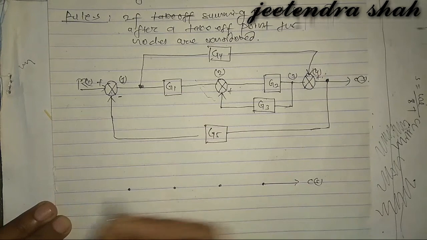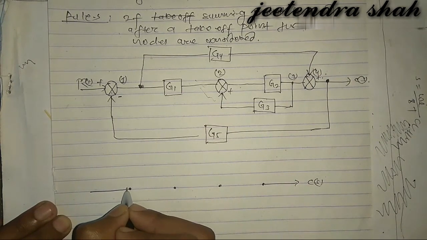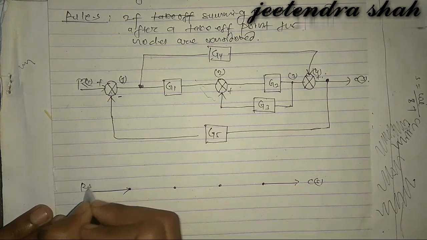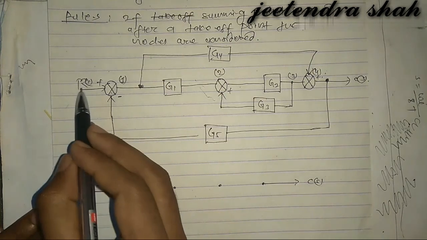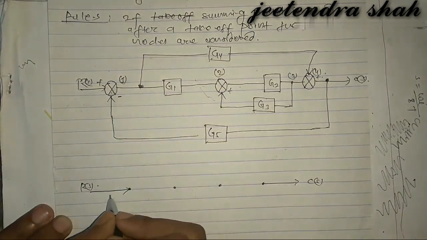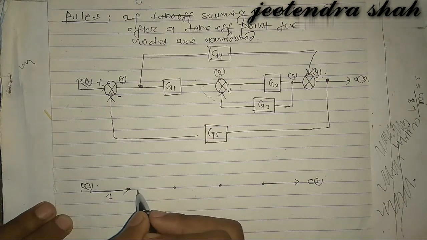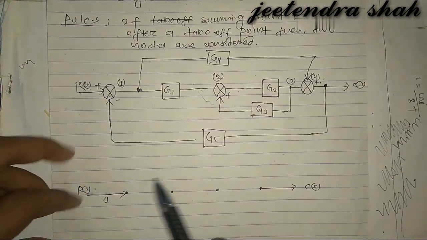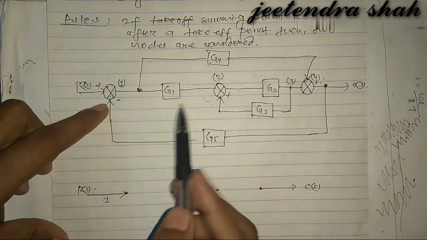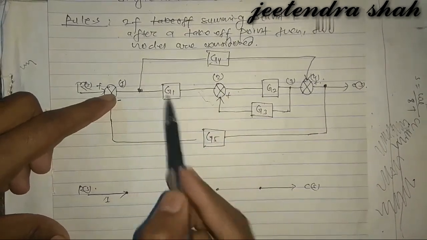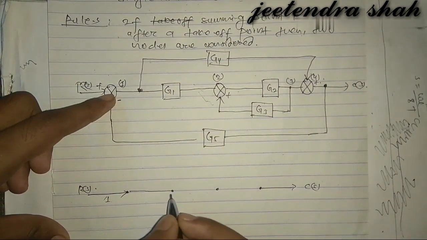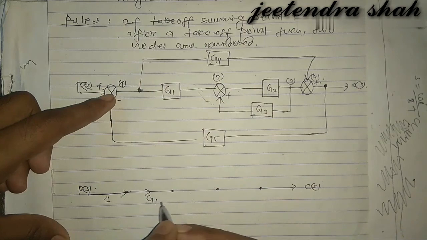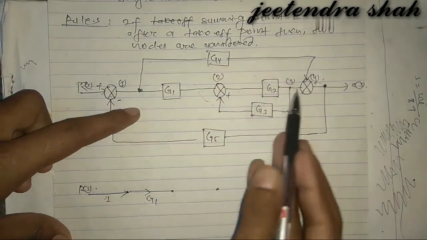We have C(s) here, and for the input we have R(s) here. Since there is nothing there, we simply write 1. And from node 1 to node 2 we have G1, and from 2 to 3 we have G2.